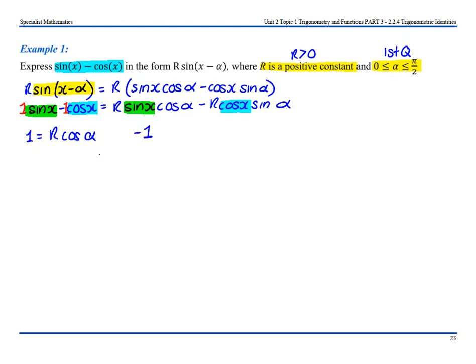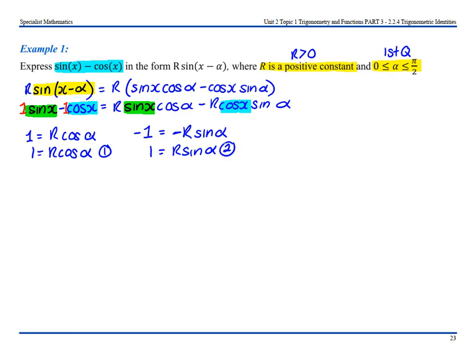Now make sure you don't miss that negative. And on the right-hand side, I have negative r sine of alpha. So I've got 1 equals r cos of alpha, equation 1, and getting rid of the negatives because there's a negative on both sides, we have 1 equals r sine of alpha as my equation 2.